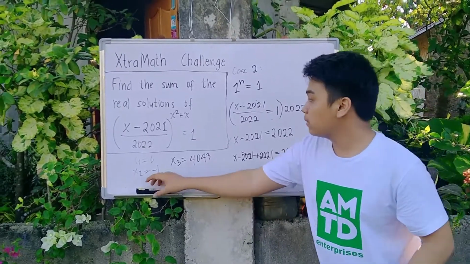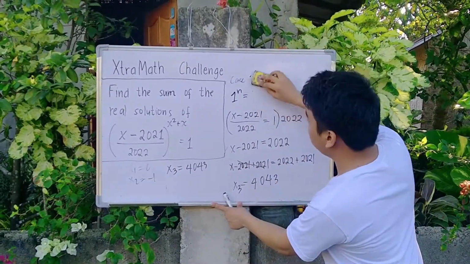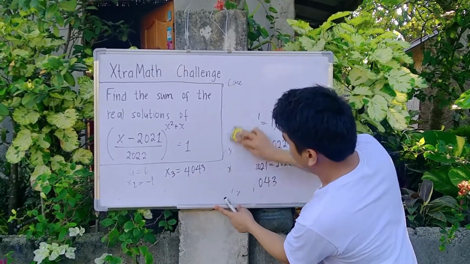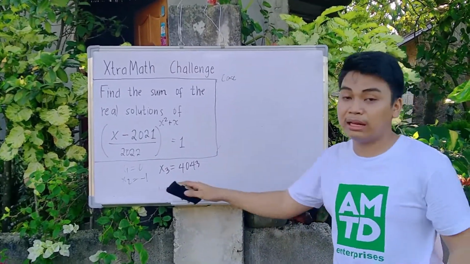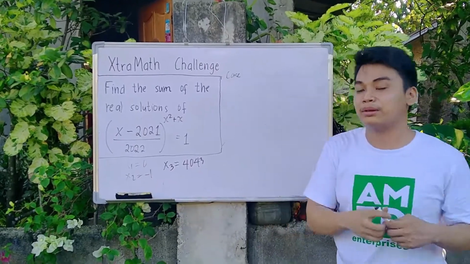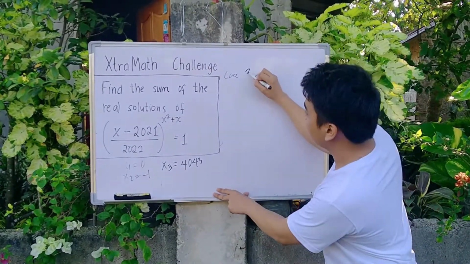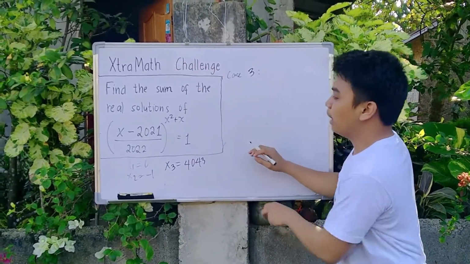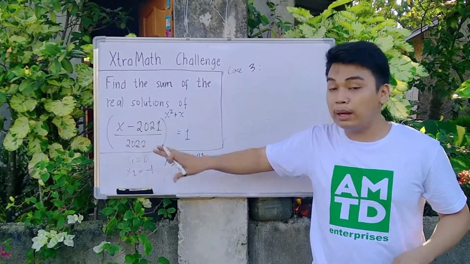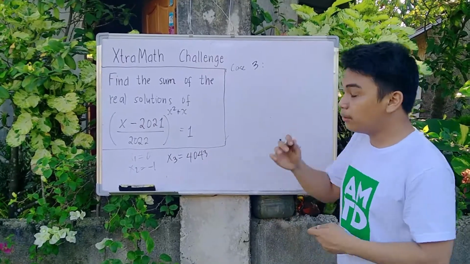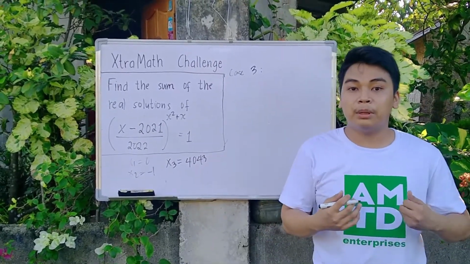Ngayon mga ka-Hobbiters, meron pa tayong case 3. Again, if gusto nyong i-copy yung sinulat ko kanina, pwede nyong i-pause yung video. So, for case 3, i-treat natin yung base natin equal to -1. Pero yung exponent dapat natin is even.